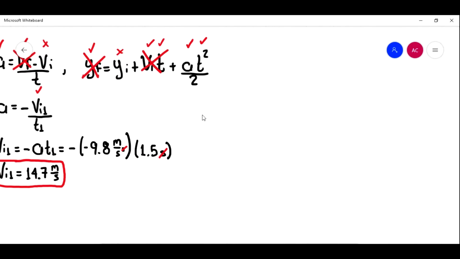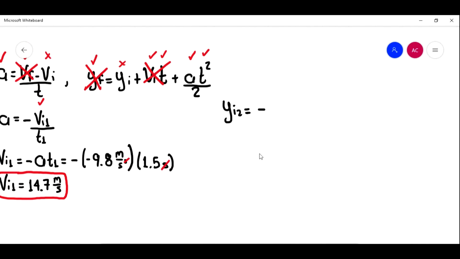And so this equation will be, initial position of segment number 2 equals minus, because I already got the equations. These equations are from free fall, so I'm just going to isolate them.